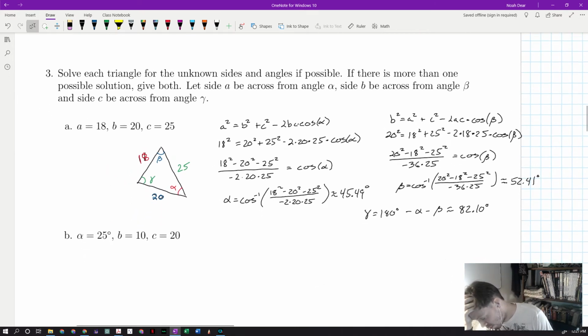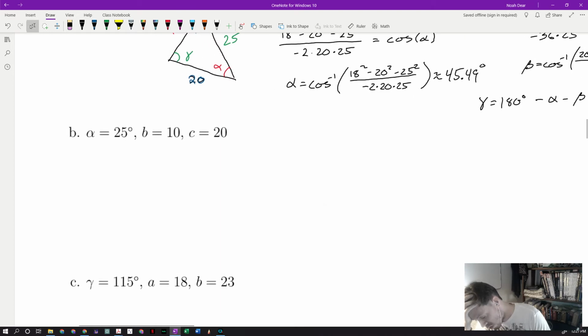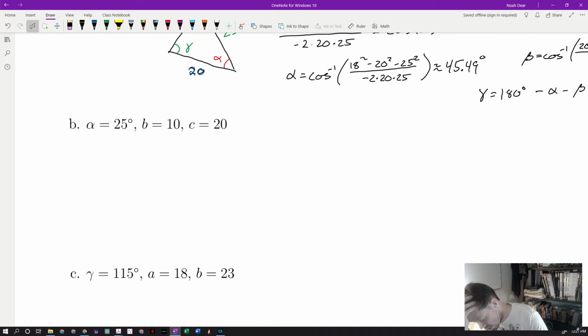Okay, for 3b, here I've got an angle and two sides, none of them match. So 25 degrees.